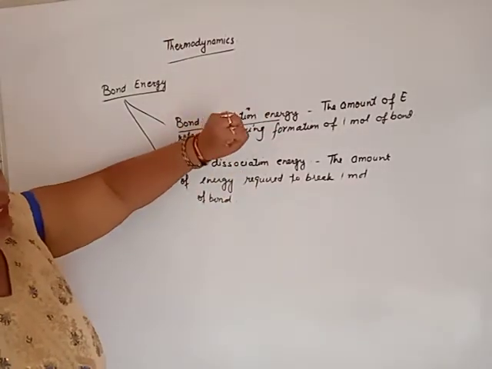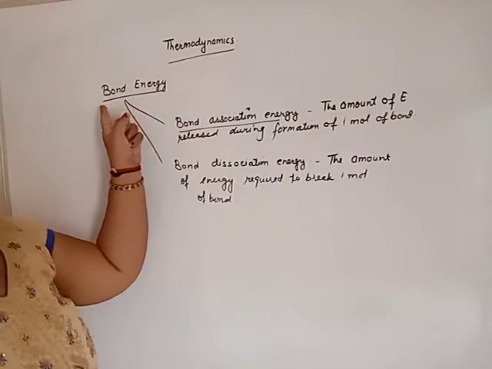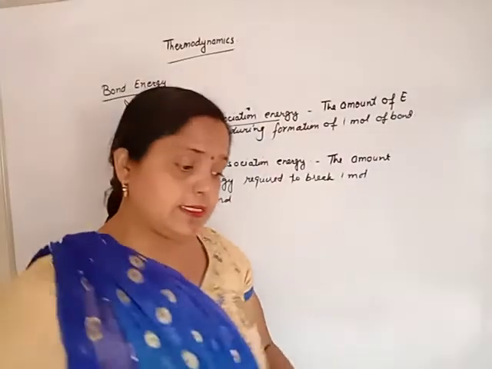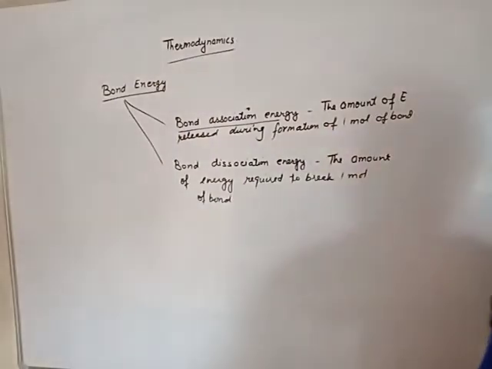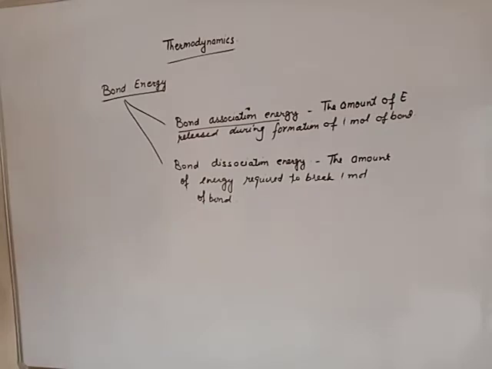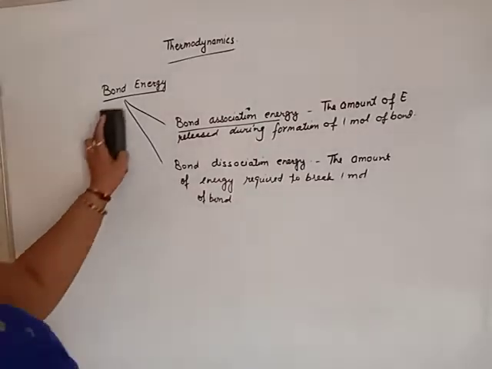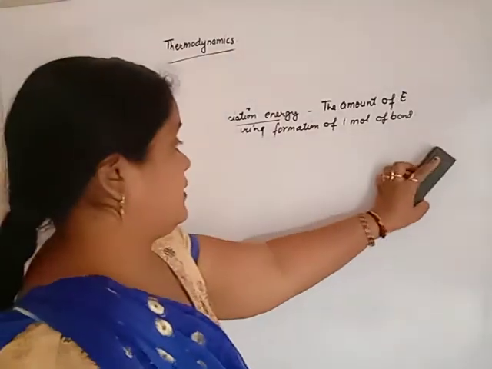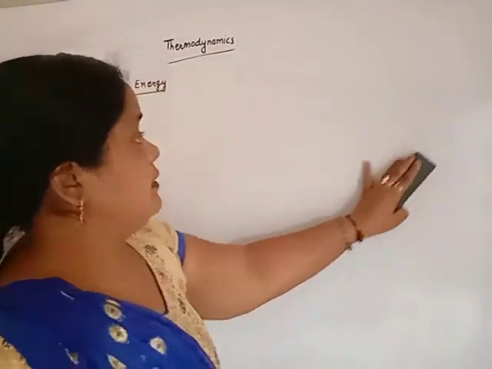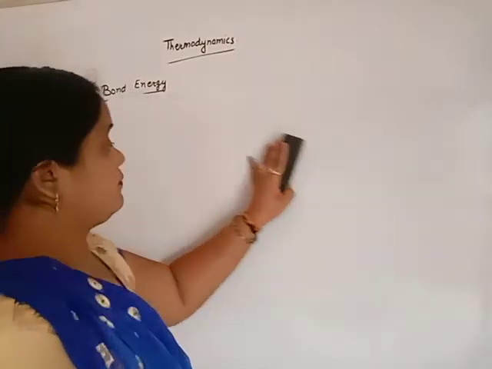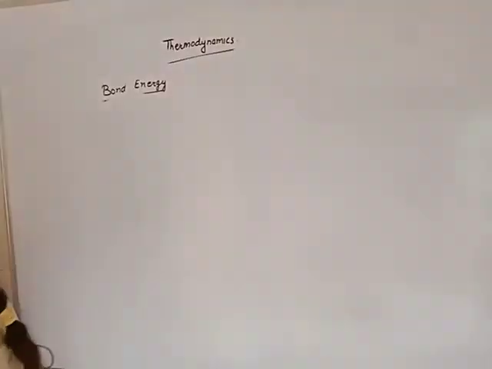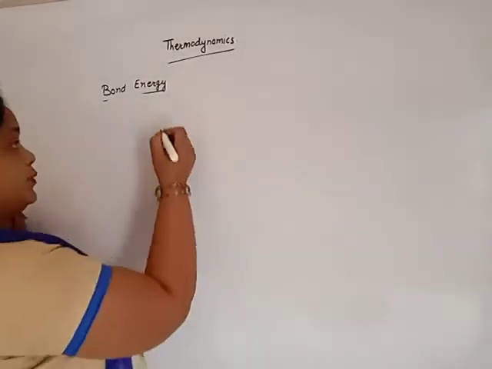These two energies are collectively known as bond energy. That means bond energy is the amount of energy required or released during breakdown or formation of one mole of bond. Beta, how will you calculate the bond energy? Some bonds are broken in the reactant molecules and some new bonds are formed in the product molecules.